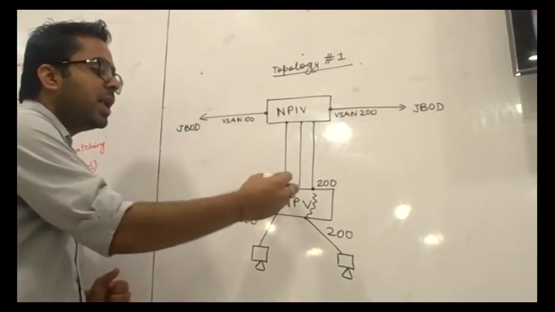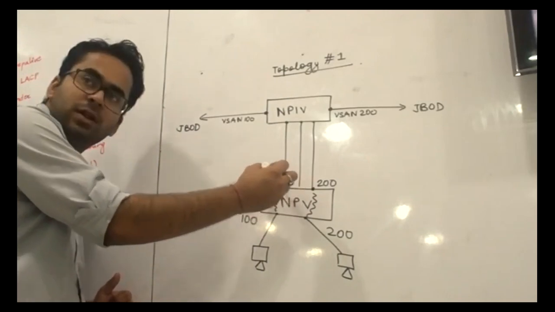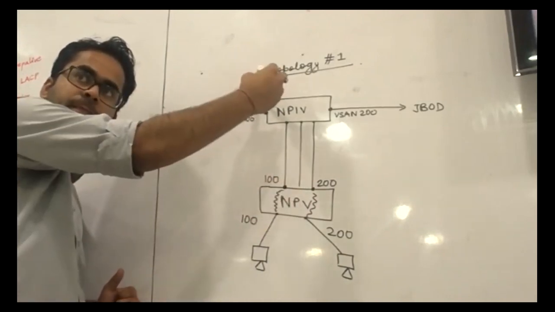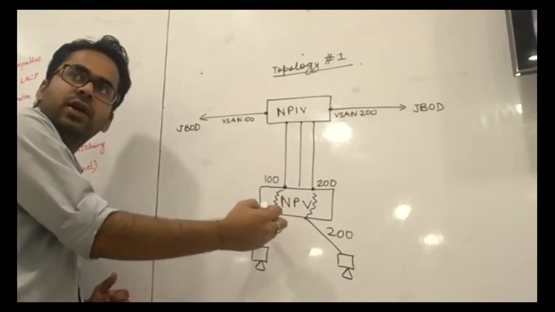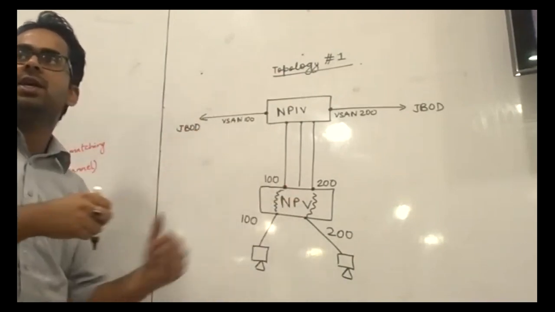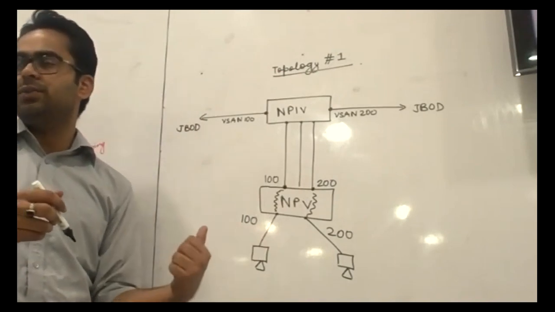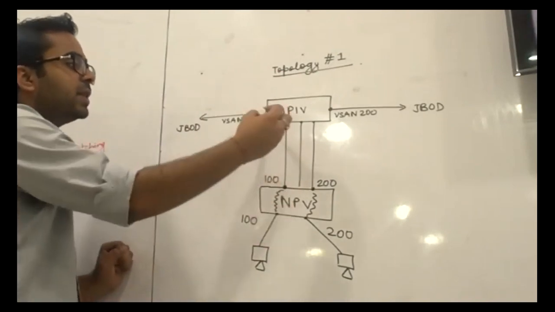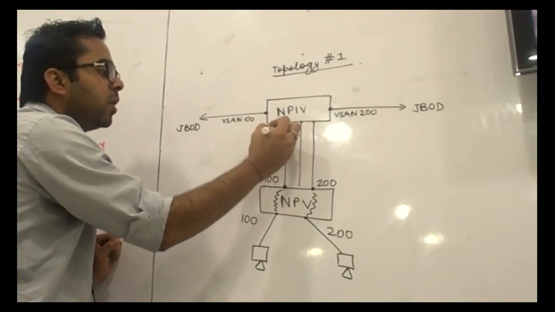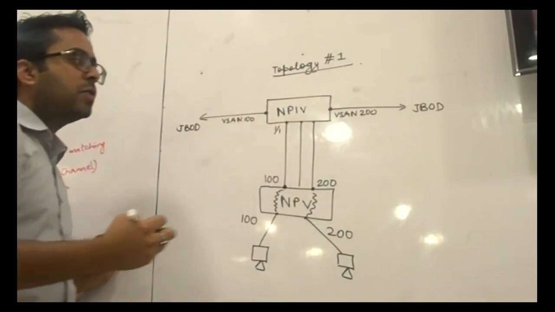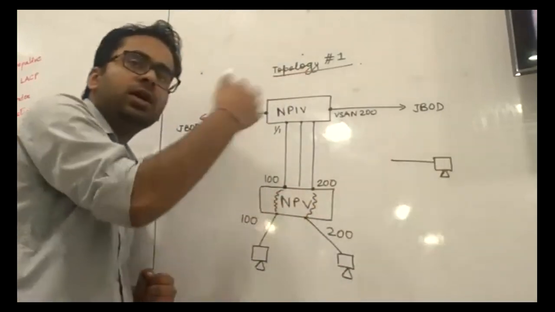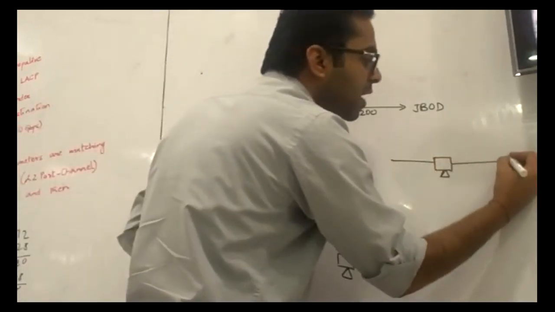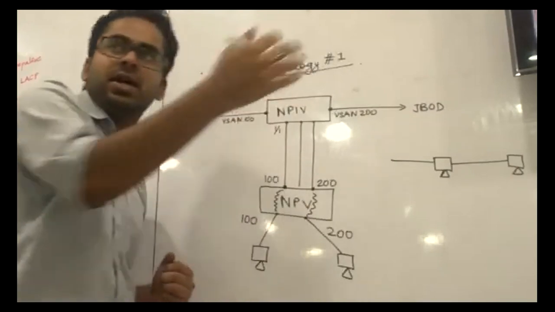In this condition, the NPV switch will introduce himself to the NPIV switch, and it is going to introduce this server interface too, whatever device is connected over there. So on this port, 1/1, we are going to have 2 strings of devices, one initiator and another set of initiators.